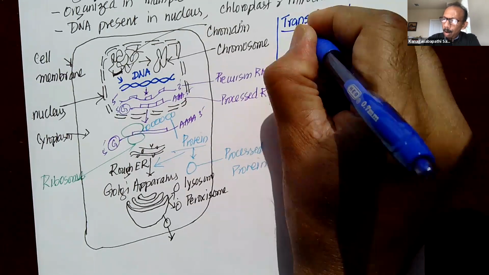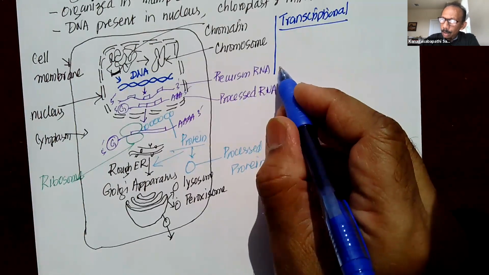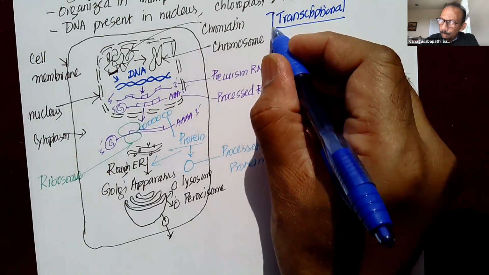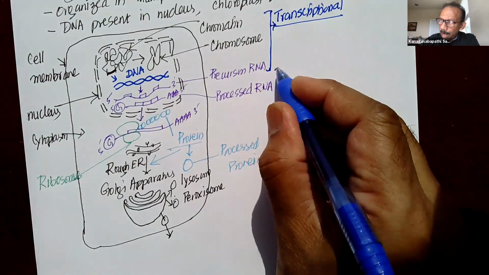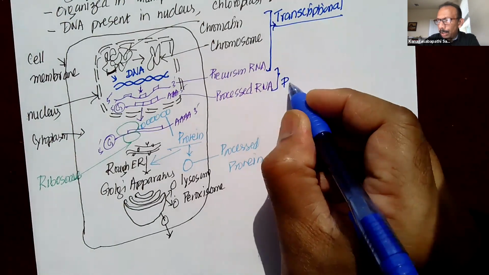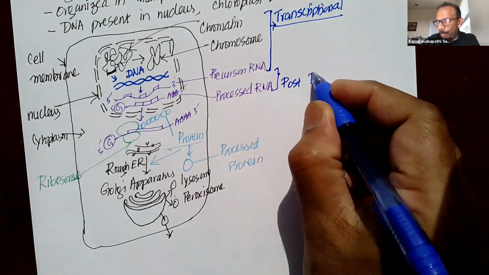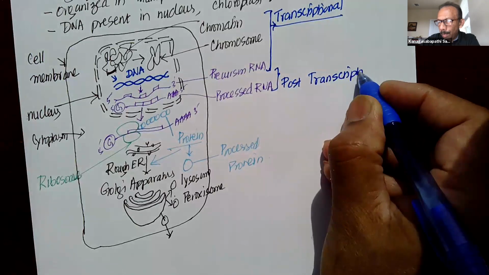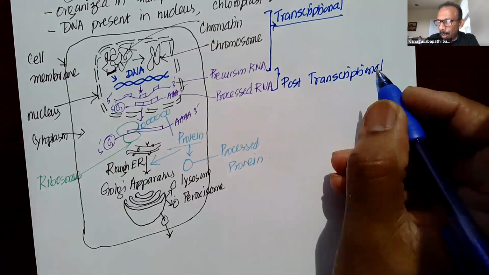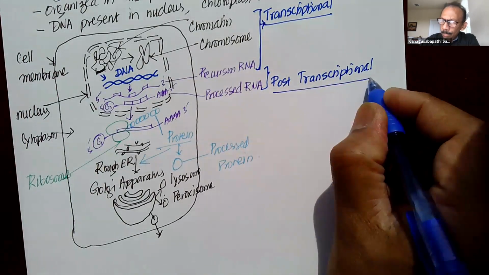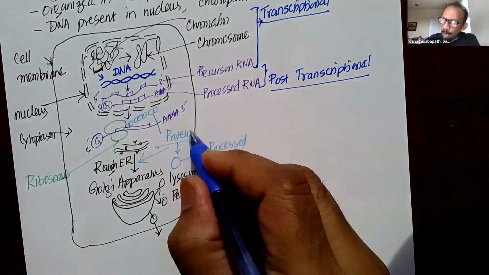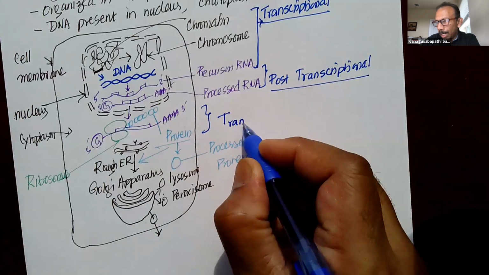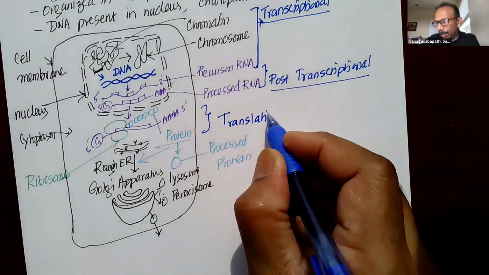Okay. This is the transcriptional level, or it can happen at the post-transcriptional level. After the RNA is made, it has to be processed. Or it can happen at the protein synthesis level, which is the translational level of regulation.